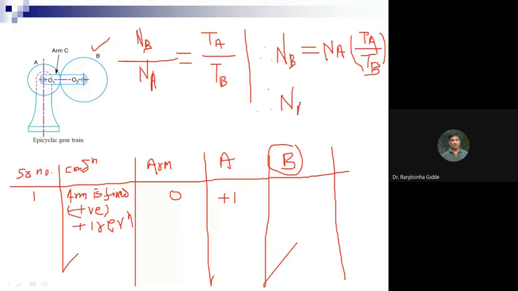NB is equal to, what is the value of NA? Here is the value of NA, +1. So +1 inside the bracket is TA upon TB is equal to, so 1 we are not writing, so what is remaining?